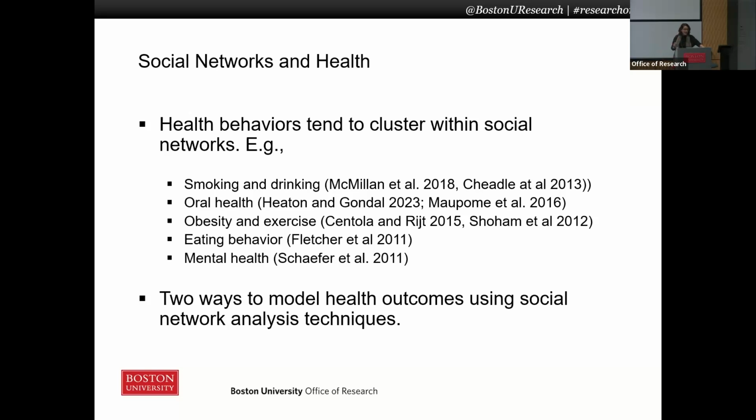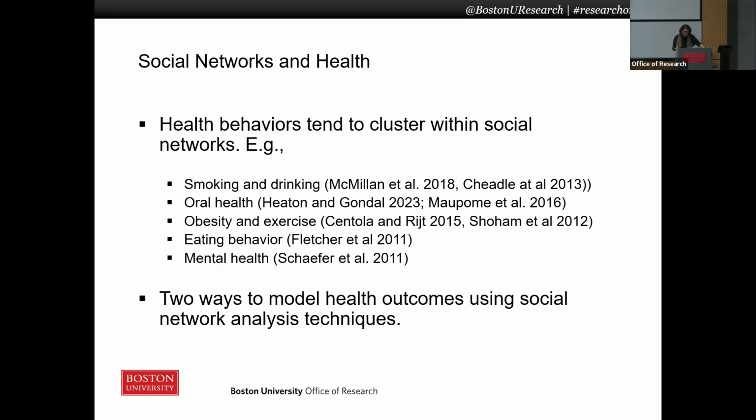We find that health behaviors of all different stripes, smoking, drinking, suicidal ideation, oral health, obesity, exercise, eating behaviors, mental health, all tend to cluster within networks, meaning that our friends, our kin, our neighbors tend to have behaviors that are similar to ours, what's known as homophily in networks.